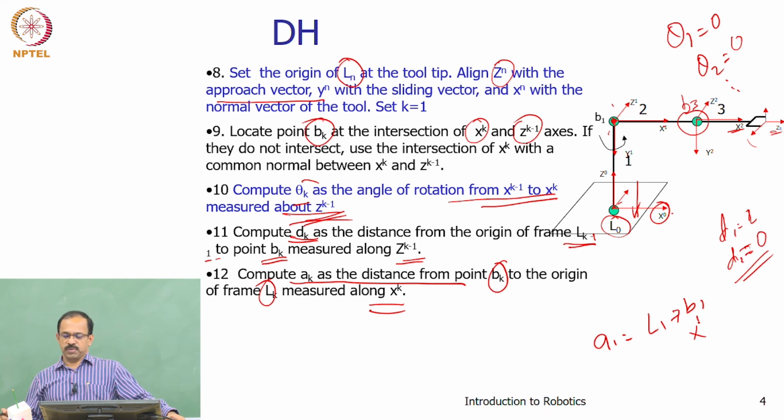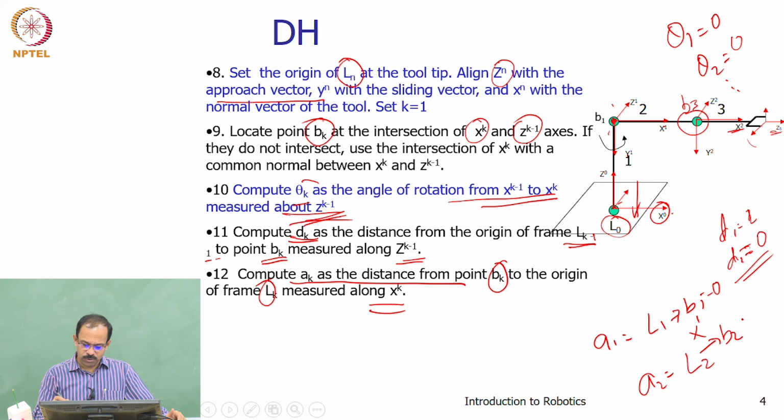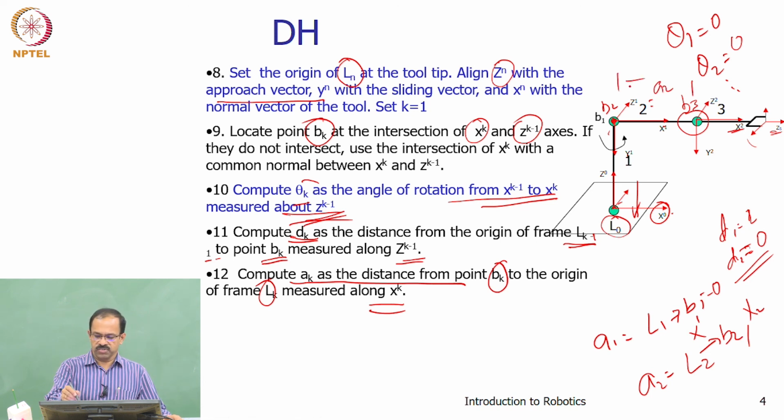What is the distance from L1 to B1? 0, right? So in this case, a1 will be 0. What will be a2? a2 is L2 to B2 measured along X2. So B2 is here, L2 is here. So L2 to B2 is the distance, and this will be the distance a2.